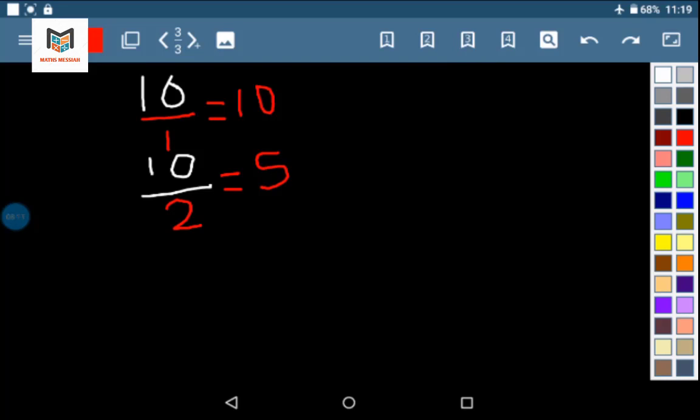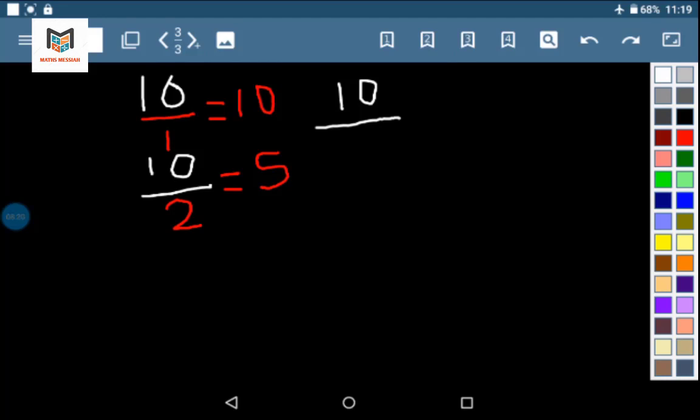Okay. Then 10 divided by 3. Can it work? 3 cannot divide 10 exactly. So you can't use 3. What about 4?